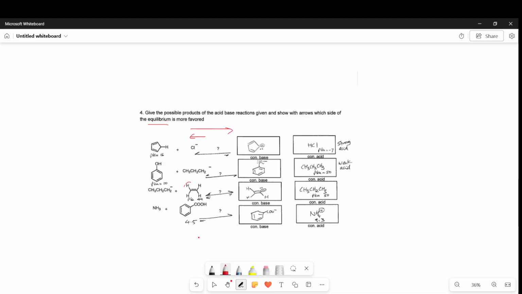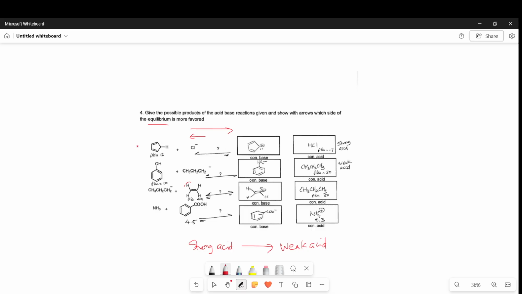Remember also this, as a general rule, a reaction at equilibrium always proceeds from a strong acid to a weak acid, not the other way around. So let's see what happened here.